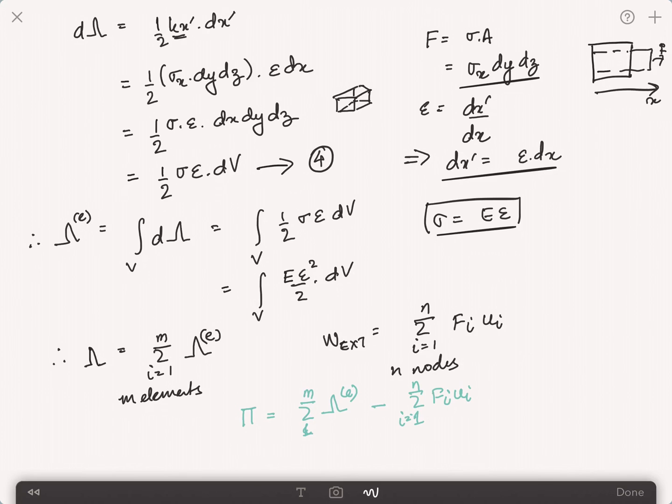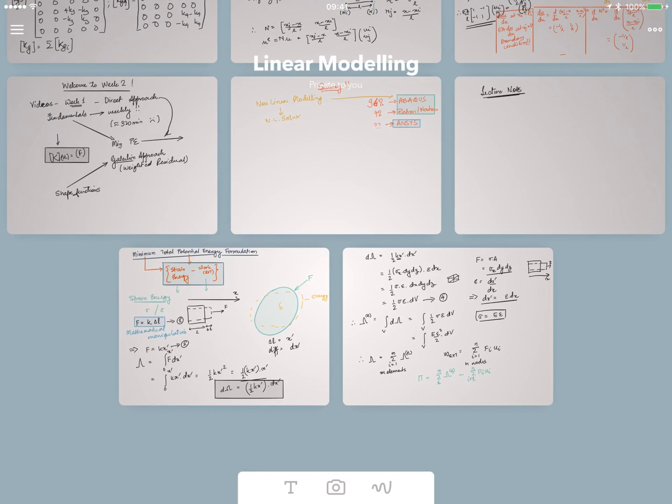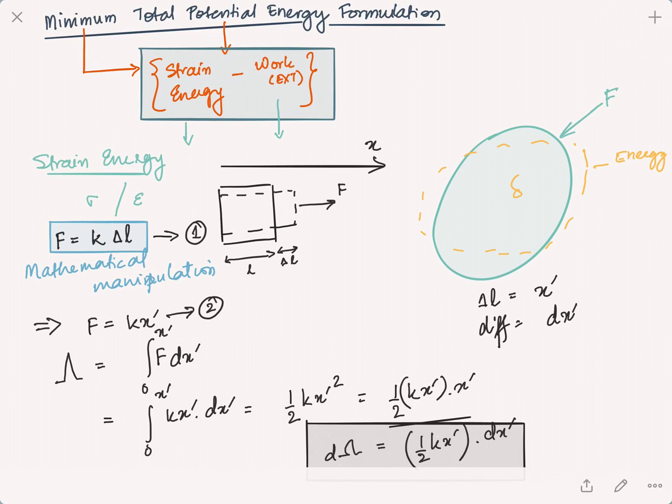Now, if you recall, we can go back to the beginning and we said we want to find the minimum total potential energy of the system to be able to formulate the finite element solution method. Therefore, we would have to find the minimum. The minimum potential energy of the system corresponds to a certain state of displacement or deformation in the system when the system is also stable.